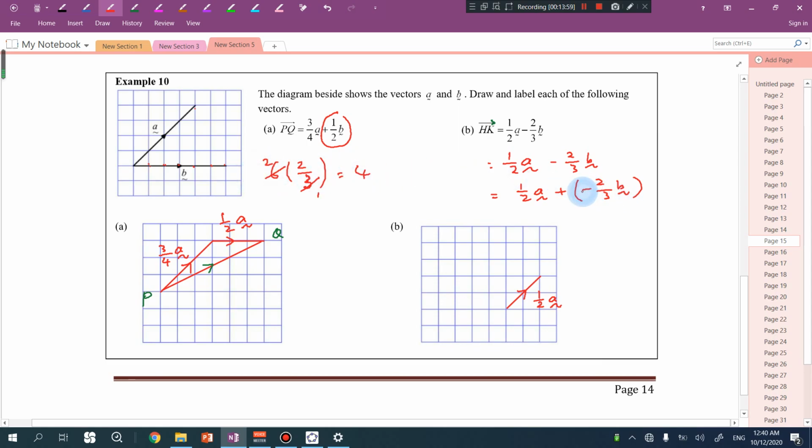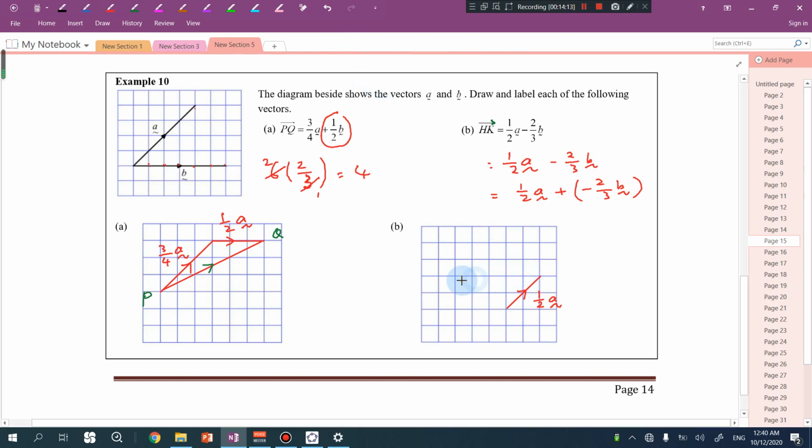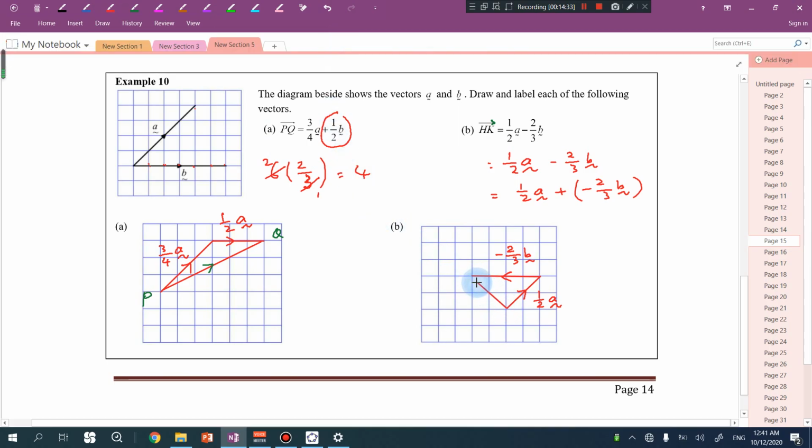But since you have a negative sign, it's 4 units to the right, so we want negative, then it will be to the left. So go to the left, 1, 2, 3, 4. Okay. So this is negative 2 over 3b. So the resultant vector will be here. This is the resultant vector from here to here.